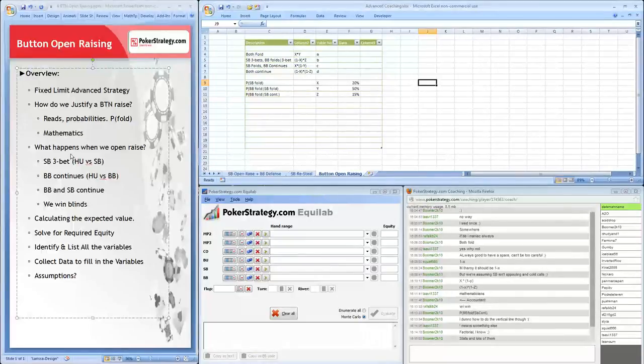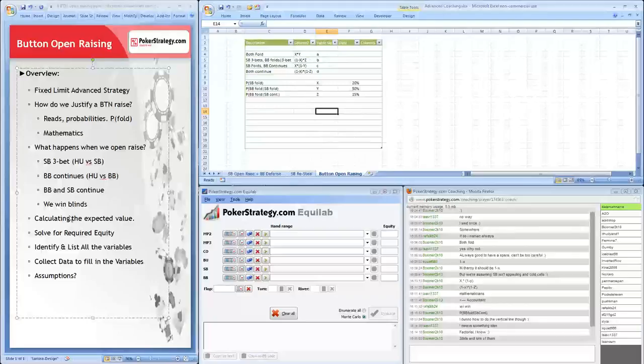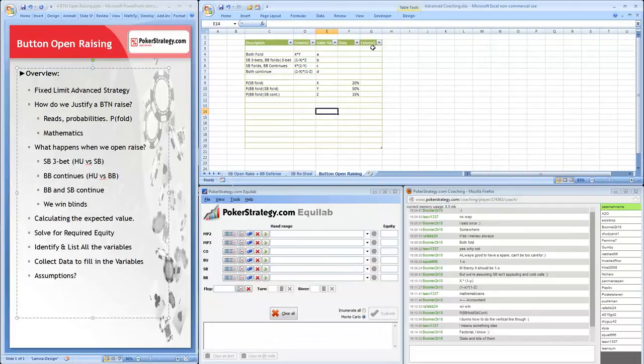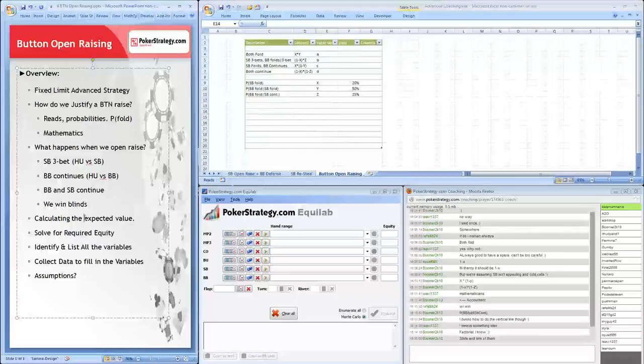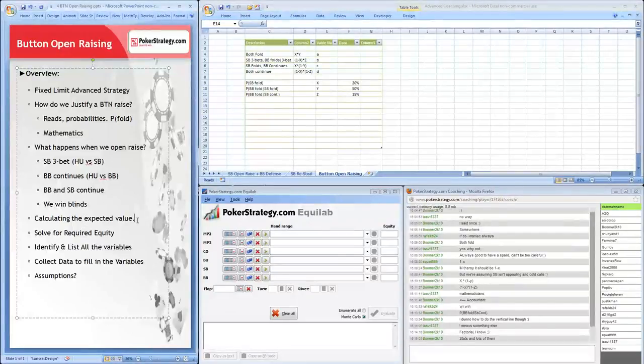We can see here that we need data to put in, and that's going to come later when we get to examples. But if we want to make a decision about whether or not our choice to enter the pot is going to be profitable, we're probably going to need to calculate the expected value.